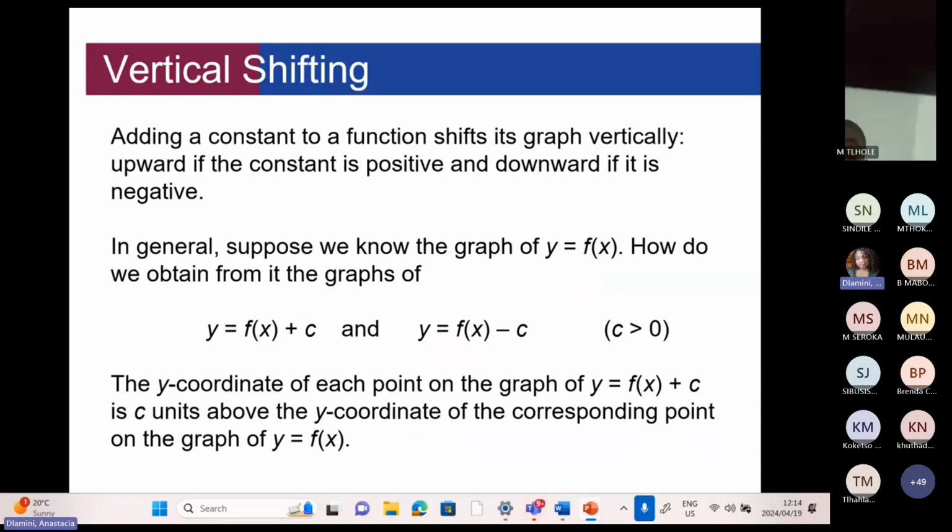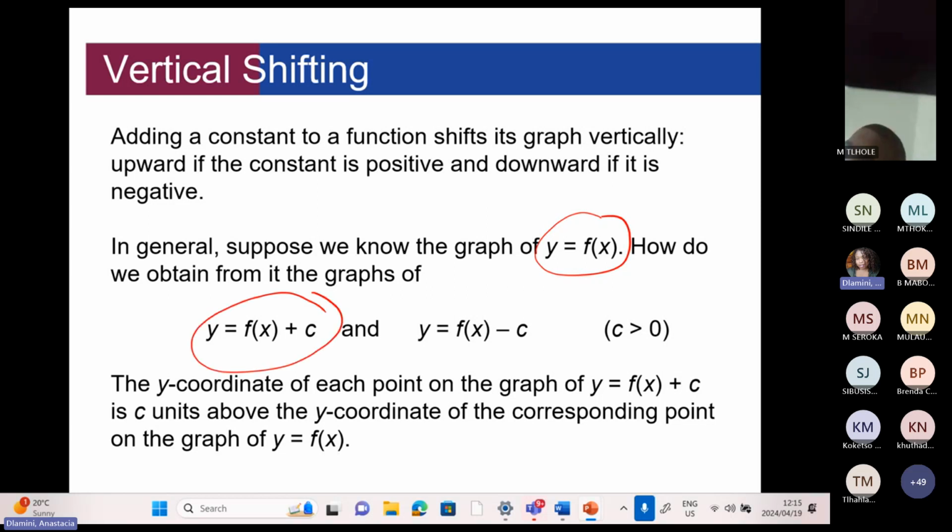Adding a constant to a function shifts its graph vertically upwards if the constant is positive and downwards if it's negative. Are we together? Yes. So they say in general, suppose that we know the graph of y equals f of x. How do we obtain from it the graph of y equals f of x plus a? So they're saying we have this graph and we want to get this graph. What did we do?